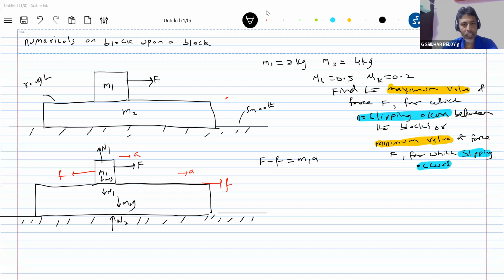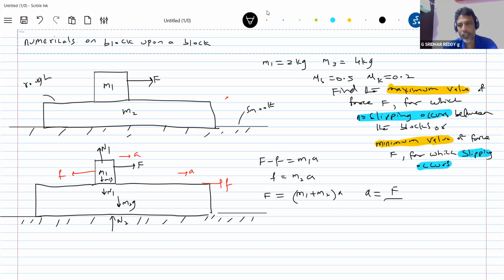The applied force F minus small f equal to m1a. And what is the force that will make the lower block accelerate? f equal to m2a. So F is equal to m1 plus m2 times a.